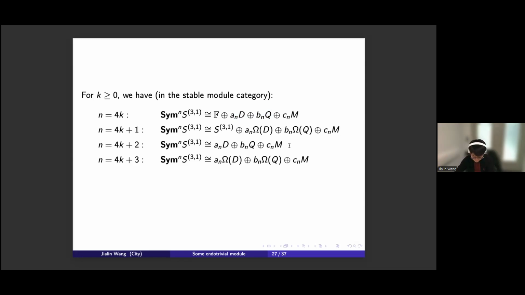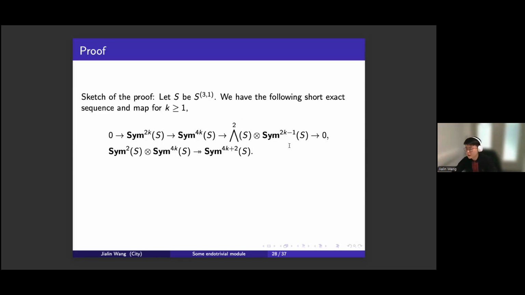So I want to give you an idea how we prove it, a quick one, obviously. We are going to do this by constructing short exact sequences.